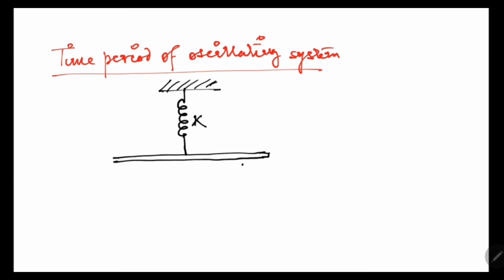Let the mass of the rod be m and the length of the rod be L. The rod is pivoted here.